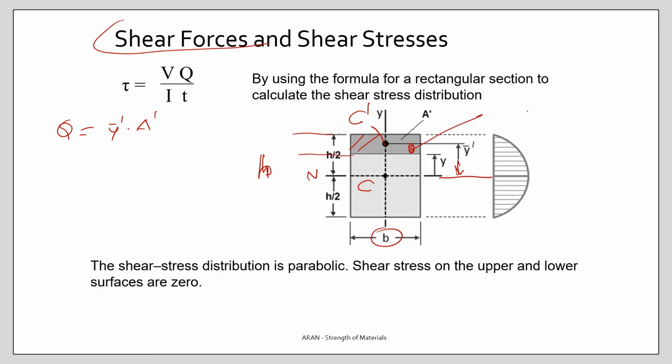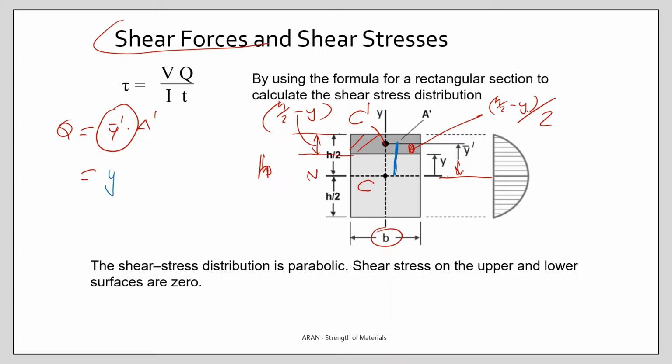For this, I have to determine this distance. Well, how do you determine it? You can determine this value as h over 2 minus y, and that is half of it: (h/2 − y)/2. So now you have almost everything. So this is which distance? That one.